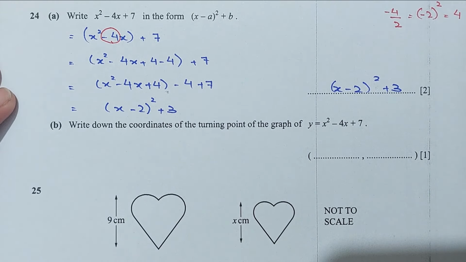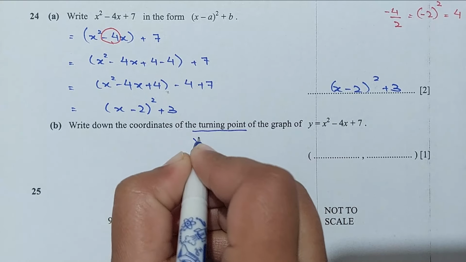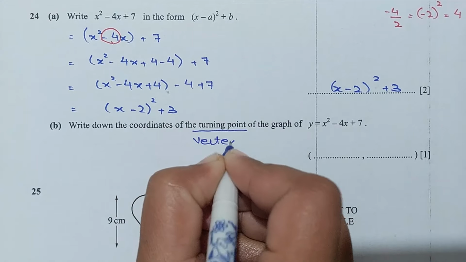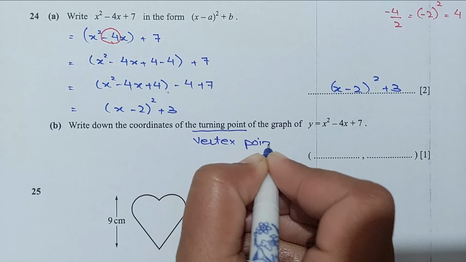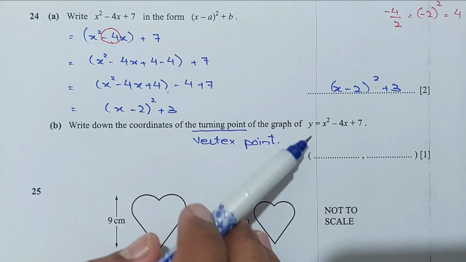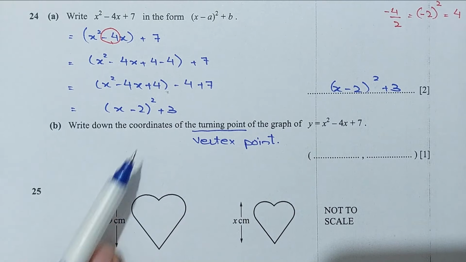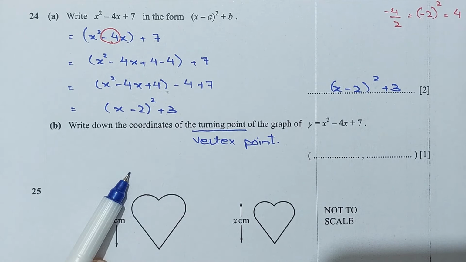Now for part B, write down the coordinates of the turning point of the graph. Turning points are basically the vertex point of the graph. The parabola vertex point is the maximum point or the minimum point. As you can see, the x square coefficient is positive, so the parabola opens upward, so the minimum point would be the turning point.